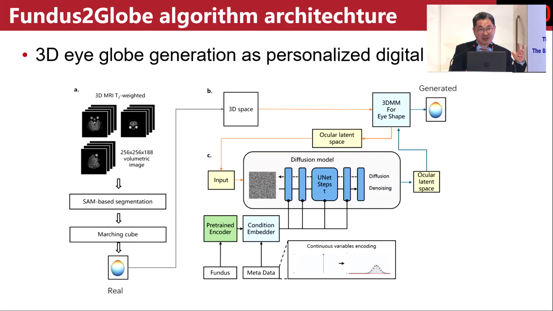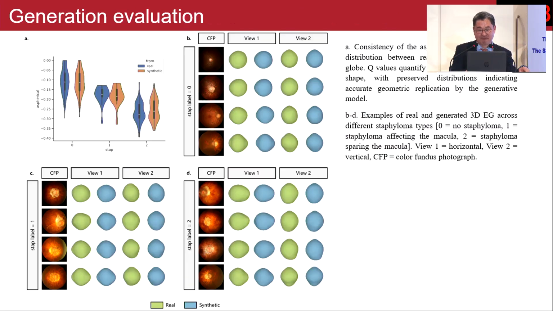Then we establish the neural network. With this technology, we demonstrate that using a spherical descriptor as a parameter, we can assess the accuracy of the generated ocular 3D images.